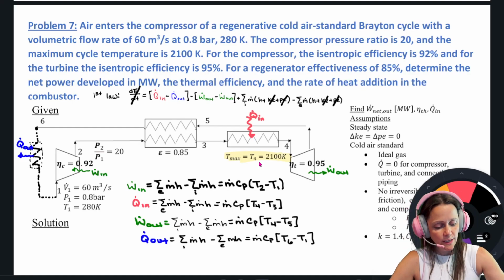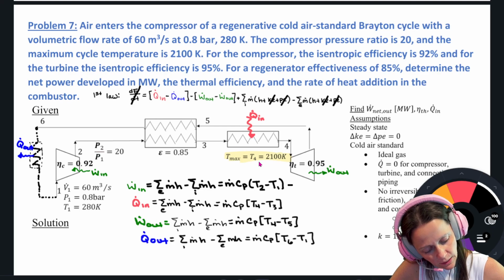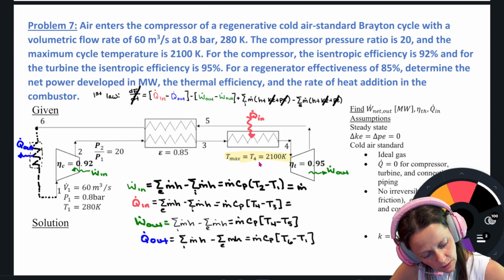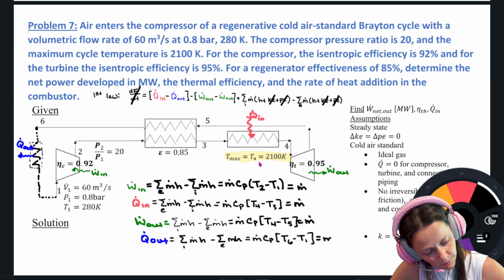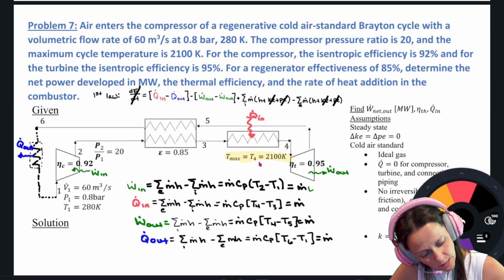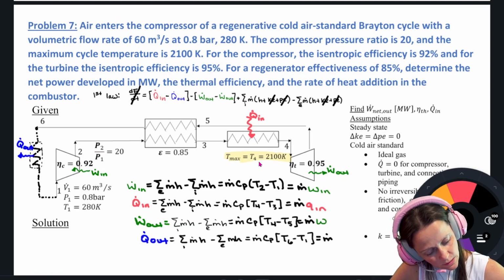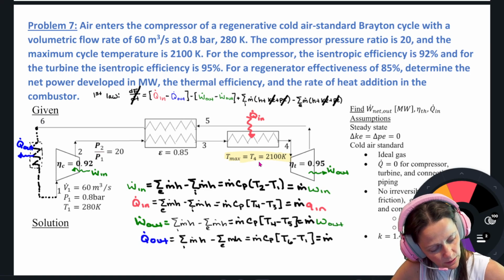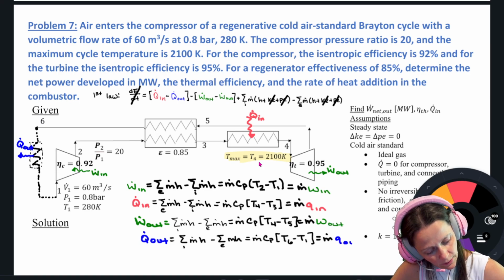So you can see, I'm going to put an m dot on all of these. This is little w in, this is little q in, this is little w out, this is little q out.